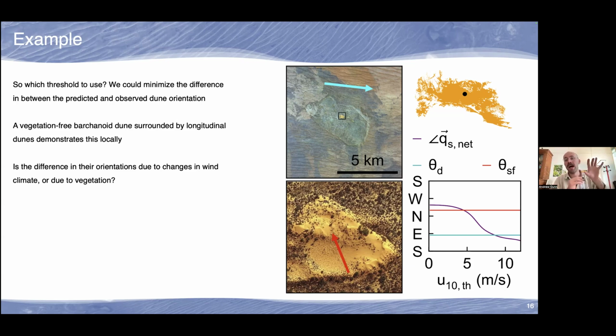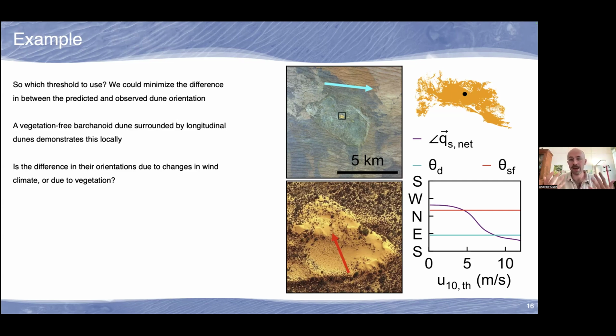So perhaps this potential latitudinal shift in the climate with the glacial and interglacial cycles didn't happen. Perhaps it was just that the vegetation changed with the glacial and interglacial cycles, changed the threshold, and changed the dune orientation. So that's kind of confusing. It adds another layer, it makes the problem unconstrained, right?